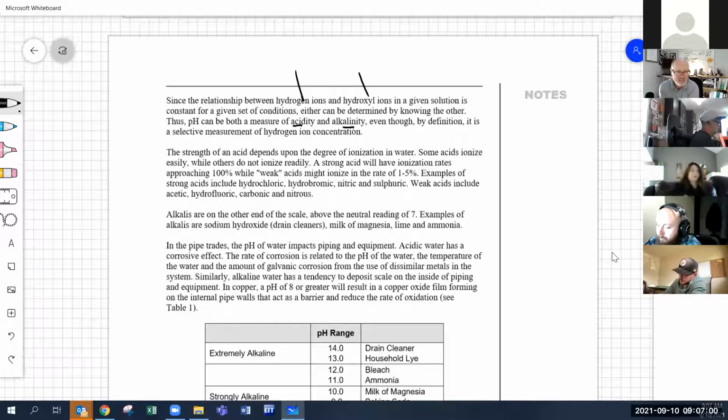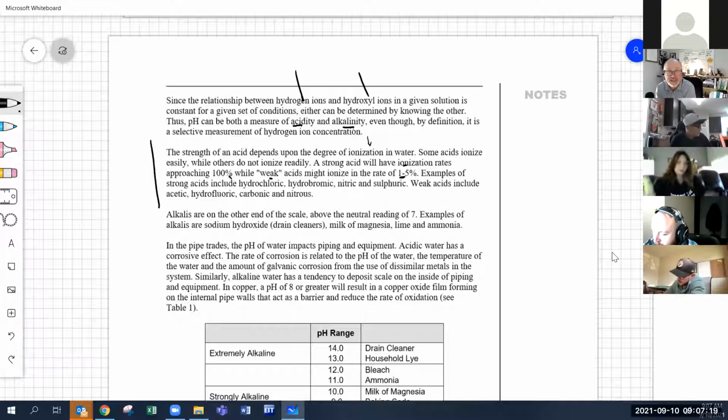Now, it says the strength of the acid depends on the degree of ionization in water. A strong acid will have ionization rates approaching 100%, while weak acids might ionize between 1 and 5%. Okay. And then they give you a little bit of weak acids and what they are.